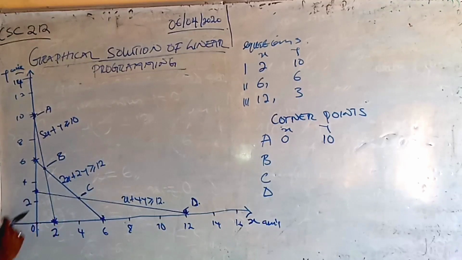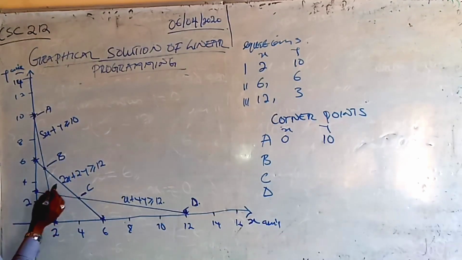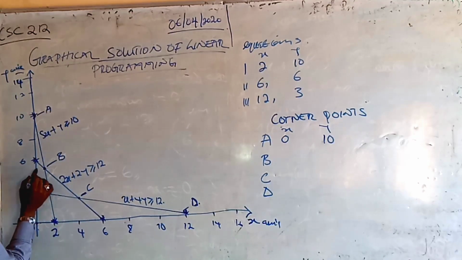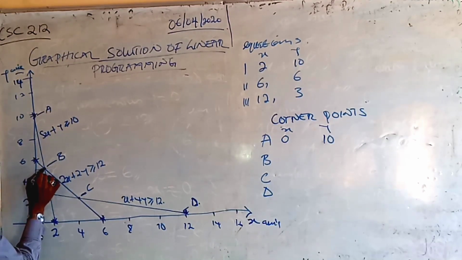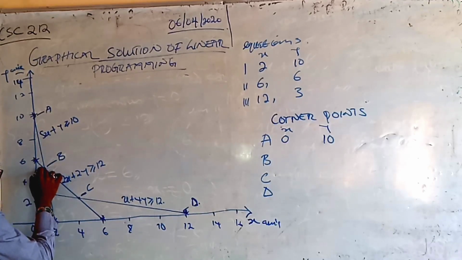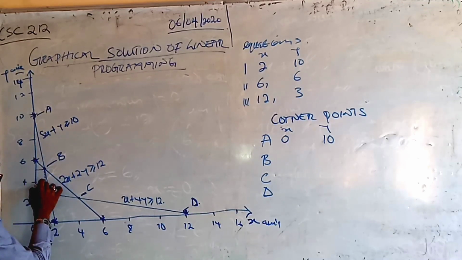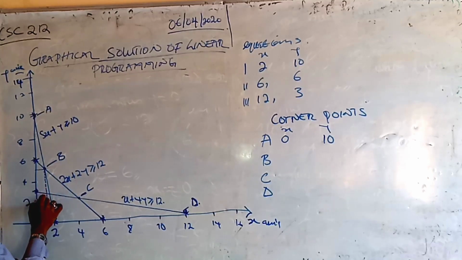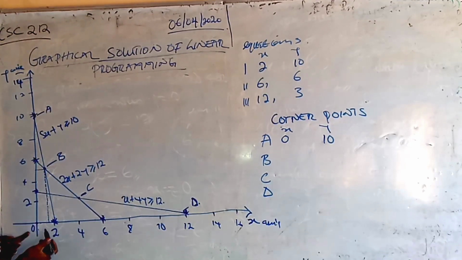Then for the corner point B, what is the value of x and y? We are going to have the exact value for both the x and the y. So here we can assume that the value of x is 1.8 or 1.7.